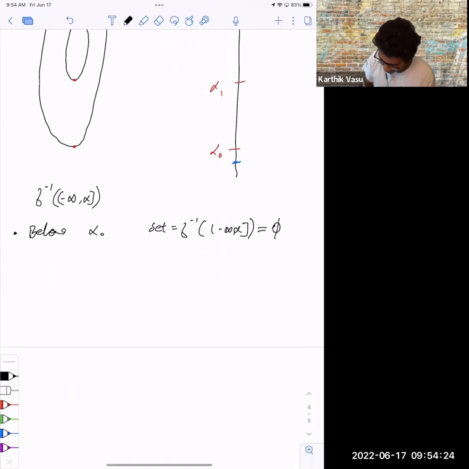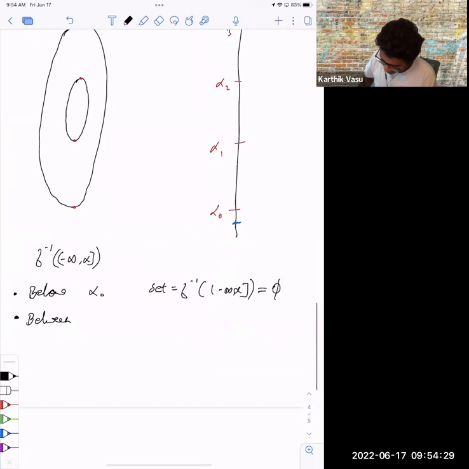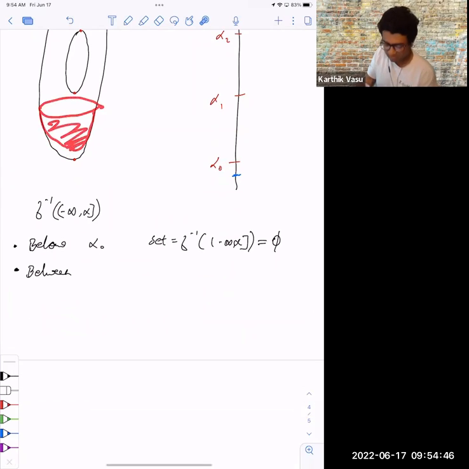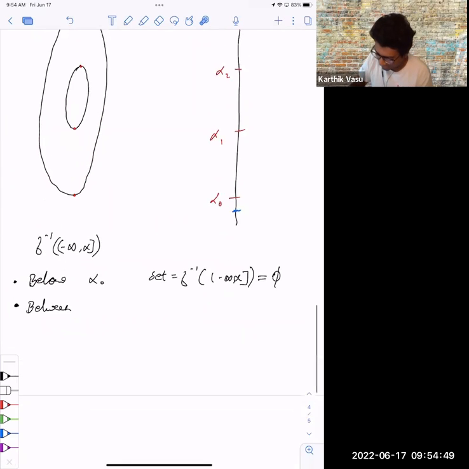Then as you go between here, if you look at anything here, you'll be looking at everything up to this point. So it will always look like this. If I had taken anything above it also, it's just the same thing. It looks exactly like a disk. For any value between here and here, it's always a disk. So between alpha 0 and alpha 1, the set is actually just a disk.